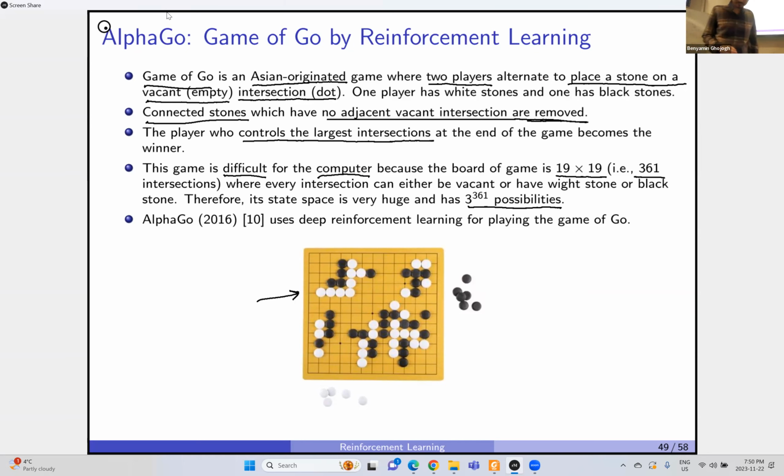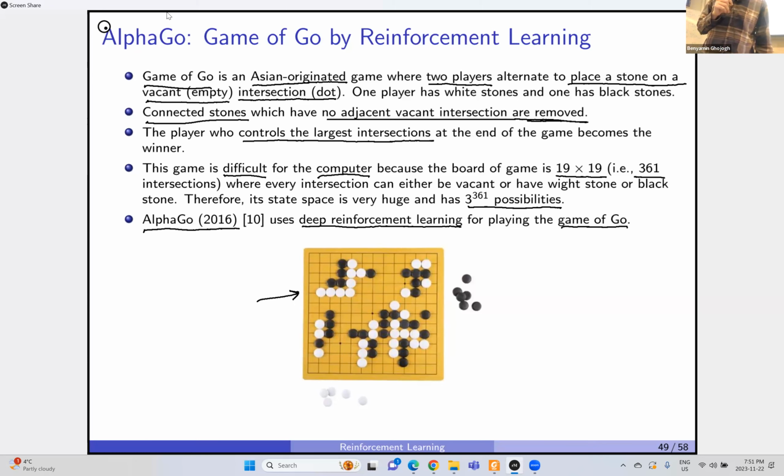It's a large number. So AlphaGo, proposed in 2016, usually whenever we have alpha something, it's proposed by Google. So AlphaGo was proposed by Google. It uses deep reinforcement learning for playing the game of Go. Another alpha which is famous is what? Have you heard of it?